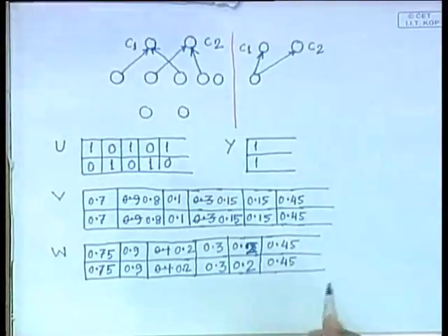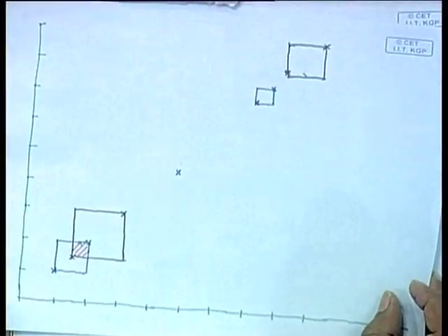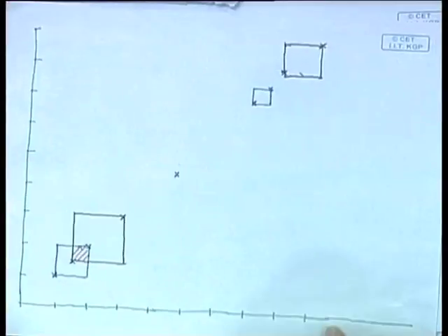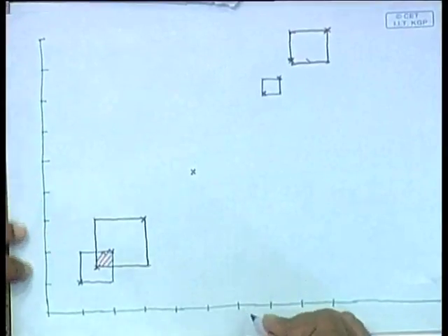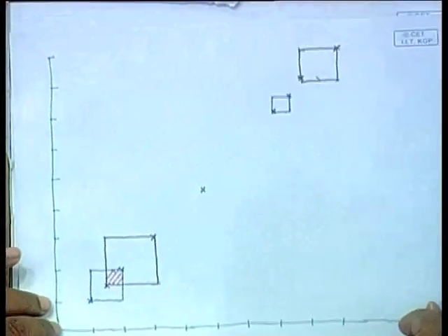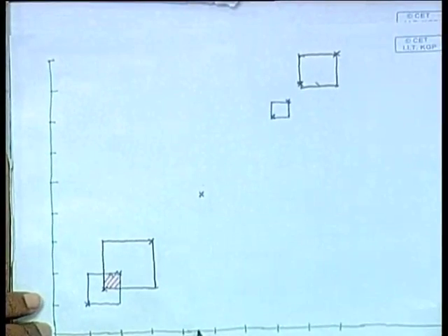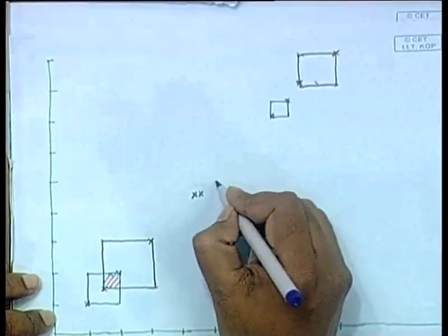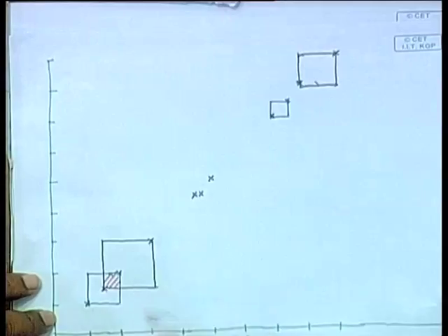Okay. Then I take the next point, which is 0.5, 0.5, put over here. The previous one is 0.45, 0.45, somewhere here. Okay. 0.5, 0.5, that point comes over here.